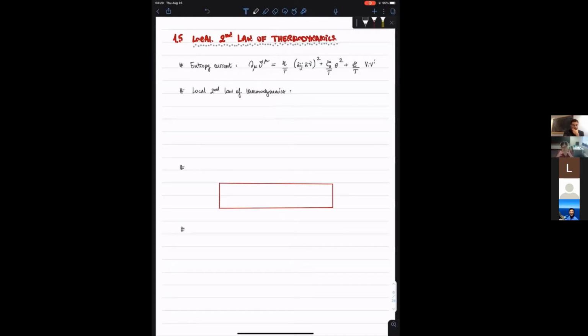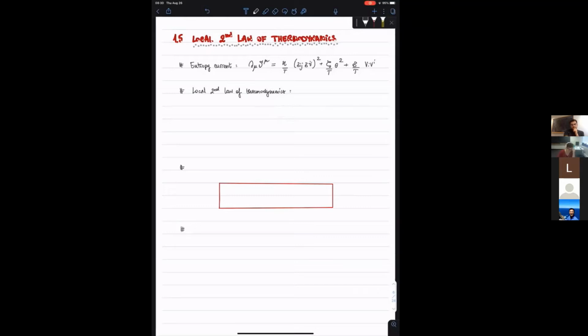The local second law of thermodynamics, as opposed to the global second law, where entropy grows in the whole space-time, has to do with a small volume element.